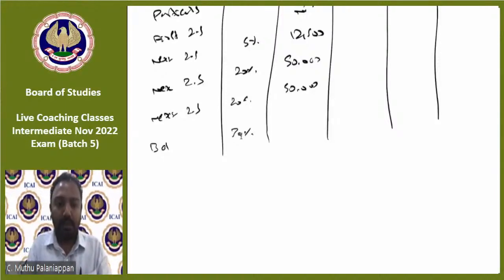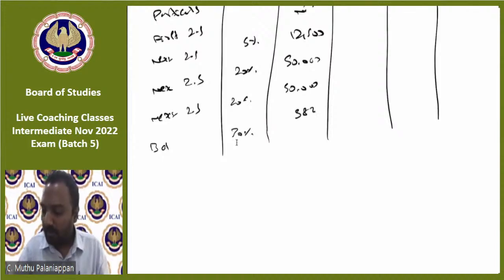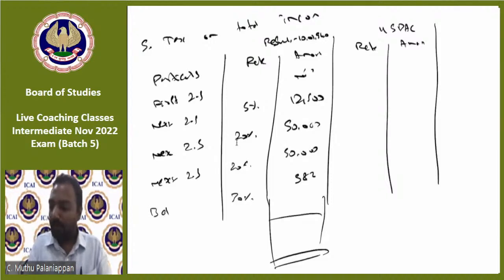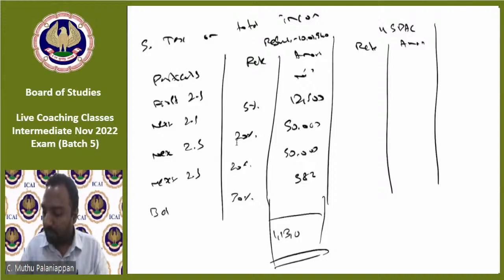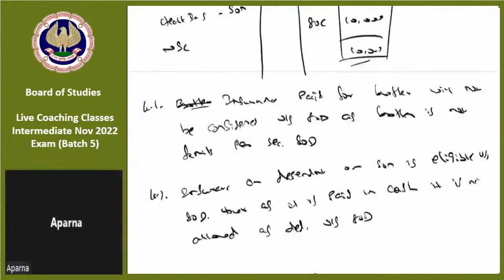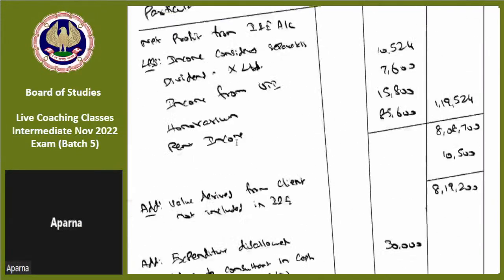How much did I actually calculate? 1,940 into 30% is 582. So the total 1,12,500 plus 582. So it will be 1,13,082.